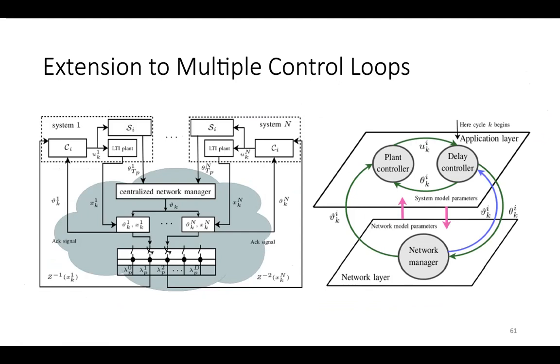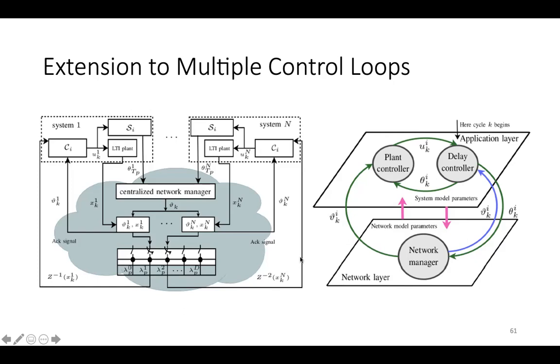What I described here perfectly extends to a large multi-loop control system. In this case, we have capital N number of control loops, but you see that it looks very much the same. We have a centralized network manager, which is now allocating the resources to the individual network links that we have.